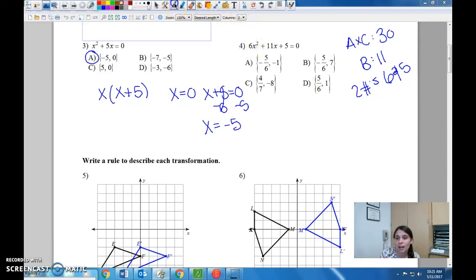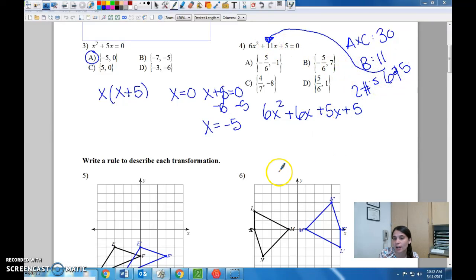So instead, I'm going to take these two numbers and plug them into my equation instead of the 11. So I have 6x squared, and then instead of plus 11x, I'm going to do plus 6x plus 5x, which really is the same thing because 6x plus 5x is 11x, but splitting it up using these numbers is going to make it much easier to factor.